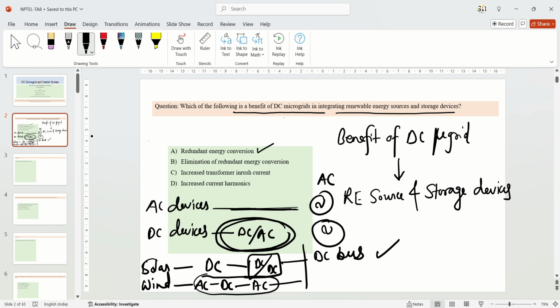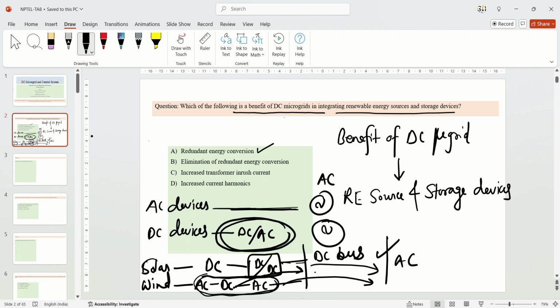When you have the AC bus bar, you also need the DC to AC converter for conversion, and then you can connect with the AC. So the problem is that when connecting with the DC bus bar, the sources can be connected directly, with only one conversion stage. But when you connect with the AC bus bar, there are two conversion stages, AC to DC and DC to AC.